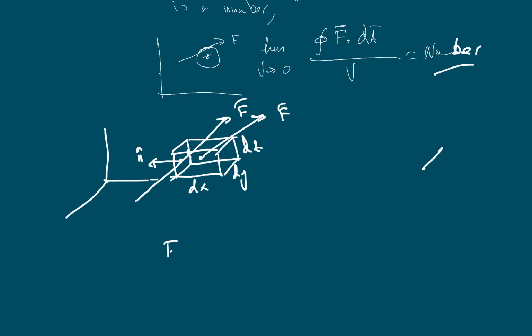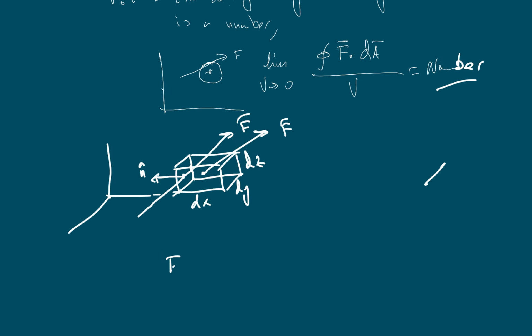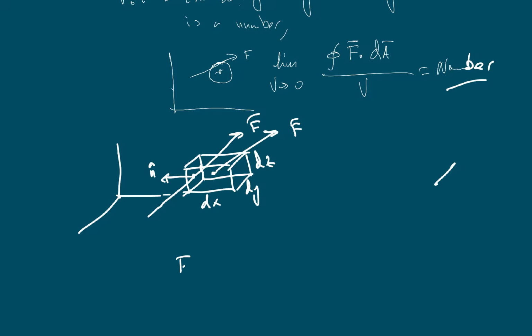So F scalar n dS will be, in this case here, negative, but on the other side, the F will go in this direction.